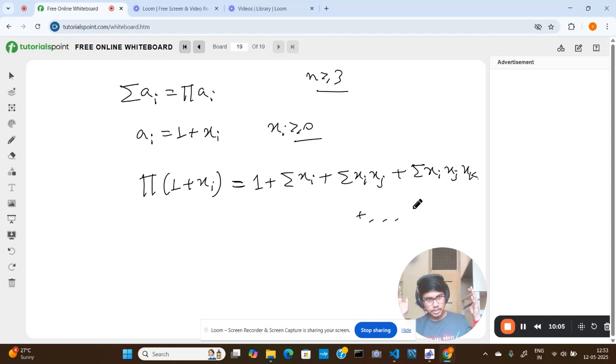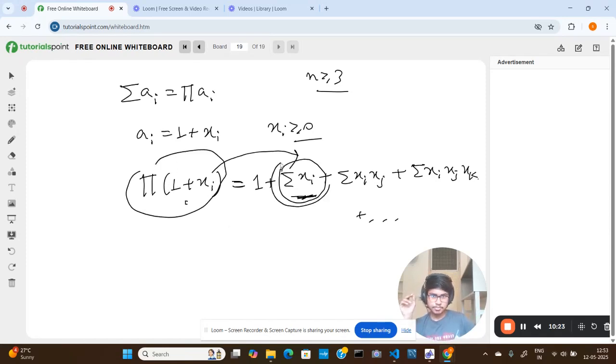I'm speaking intuitively. So you can see that when you expand the product, you get these terms, and in the sum also, you get the summation of xi's. So basically, this substitution gives you a way to compare the product and the sum, to compare how much larger the product is compared to the sum.